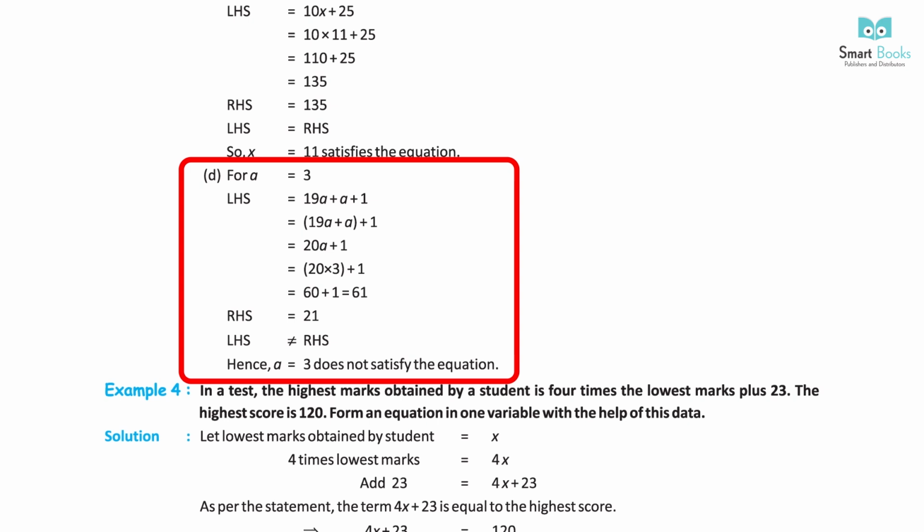D. For a equals 3, left hand side is 9a plus 1, which is 20 into 3 plus 1, which is 60 plus 1 equals 61. Right hand side is 21. Left hand side is not equal to right hand side. Hence a equals 3 does not satisfy the equation.